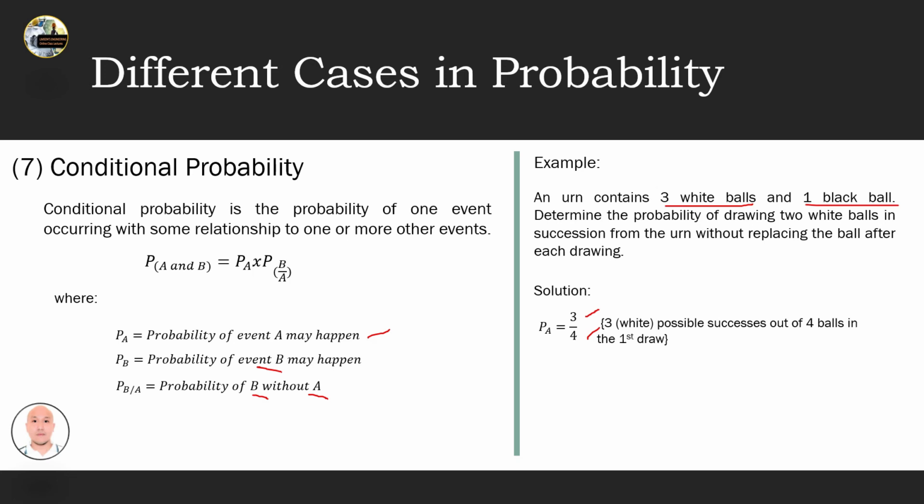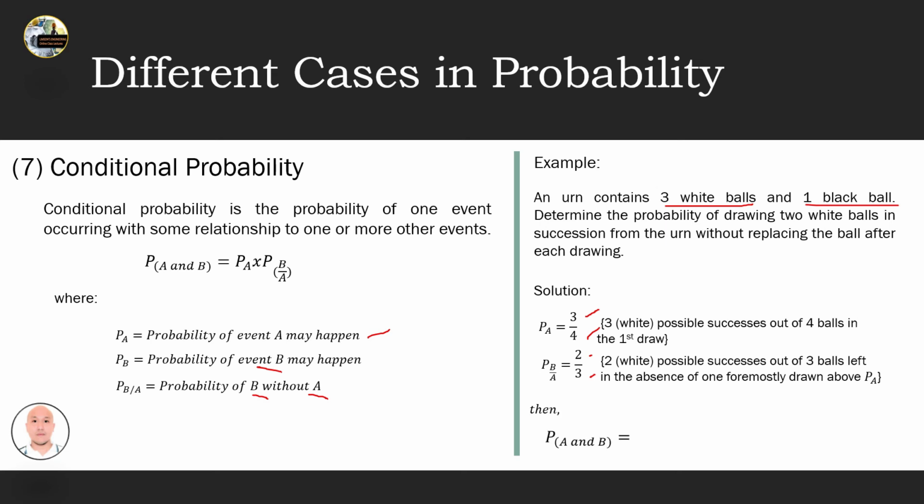Next is, of course, we already got the one white ball, so meaning we have only 2 white balls left and a total of 3 balls. So P(B over A) is equal to 2 white balls over 3 total number of balls left, equal to 2 white possible successes out of 3 balls left in the absence of one formerly drawn above P(A).